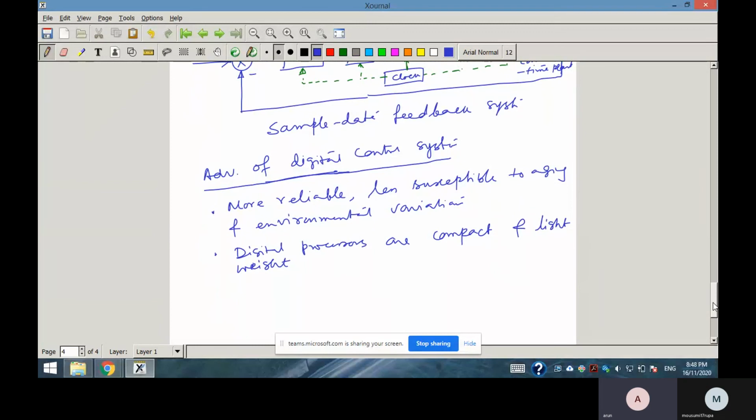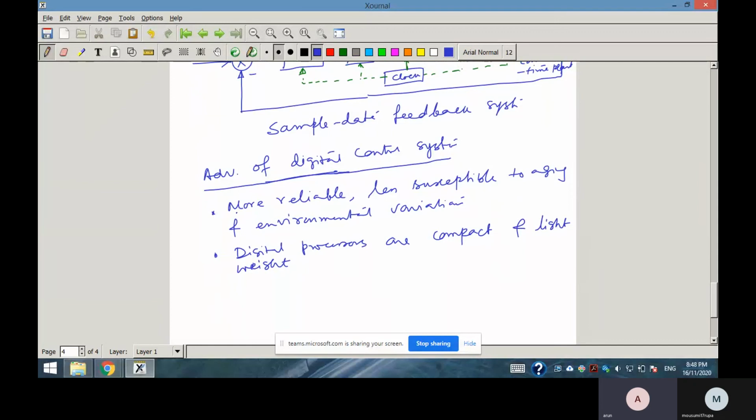If you realize a controller using the analog way, so many op-amps, amplifiers, capacitors and many things are needed. If you want to implement a complicated, complex controller, it is almost impossible in analog implementation. But in digital implementation, whatever complex controller it is, you can easily implement it.